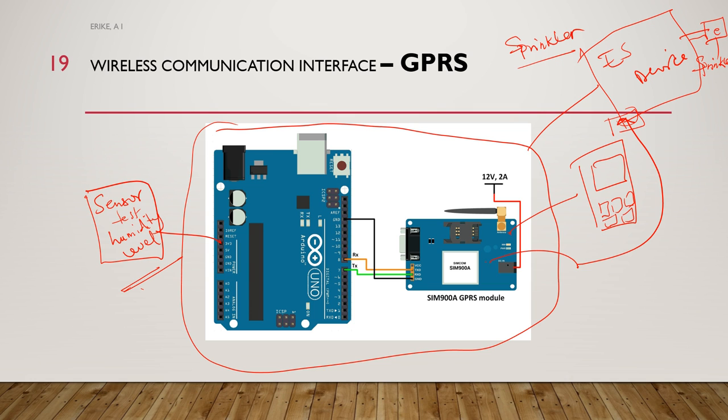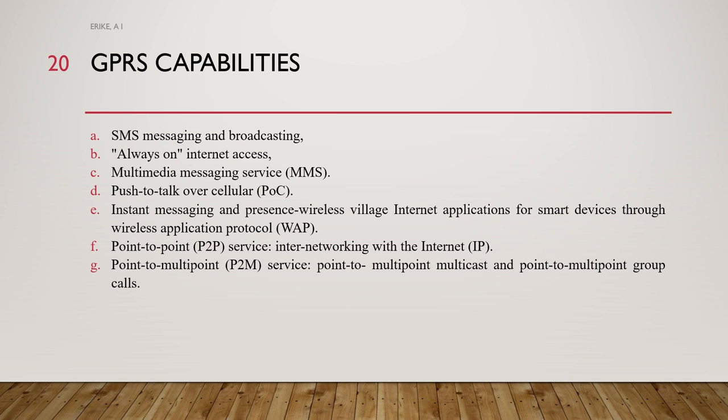Okay, so there are several capabilities of the GPRS, which when you understand, you see where you can interface it or use it in your embedded systems project. So next are the GPRS capabilities.